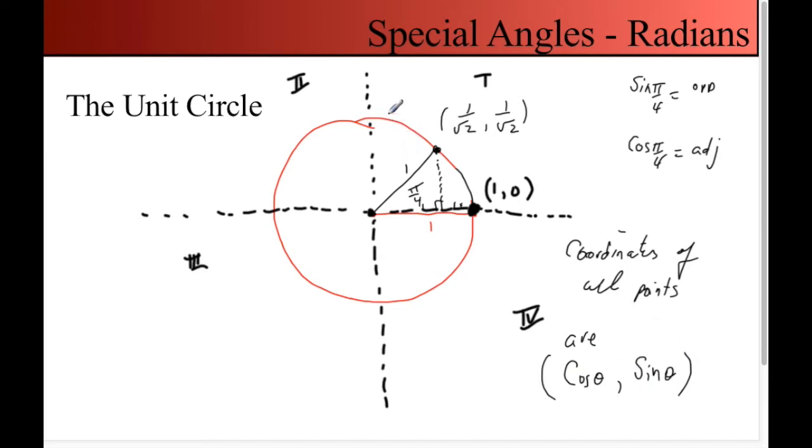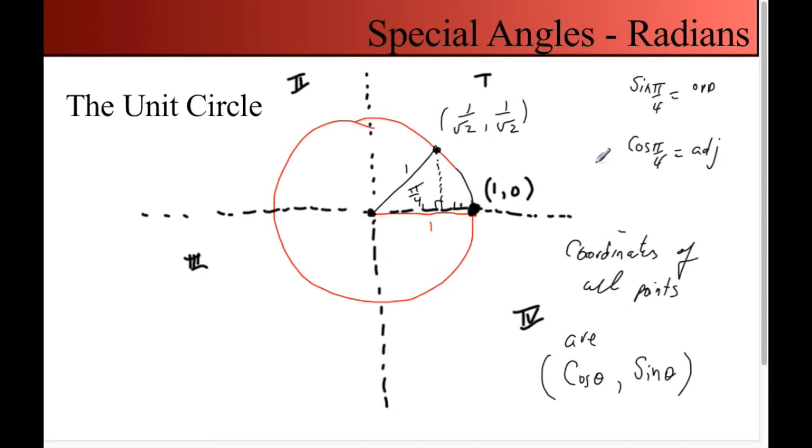Okay, now this can be very useful because using our triangles, and this triangle is very similar to the triangle flipped across here, we can also use the CAST rule to use this circle as a tool to easily come up with values like: what is the exact value of sine of 2 pi over 3, or what is the exact value of cosine of 5 pi over 6?